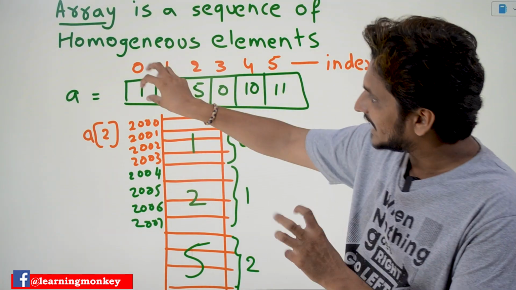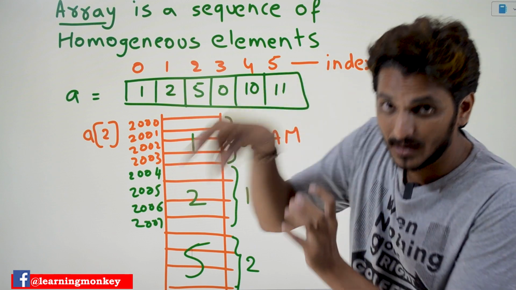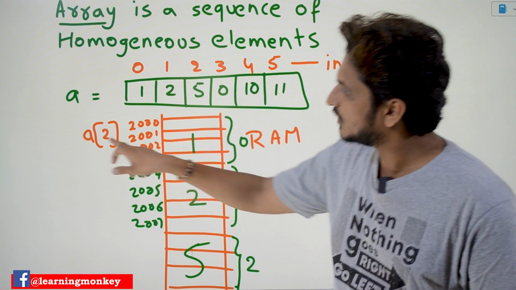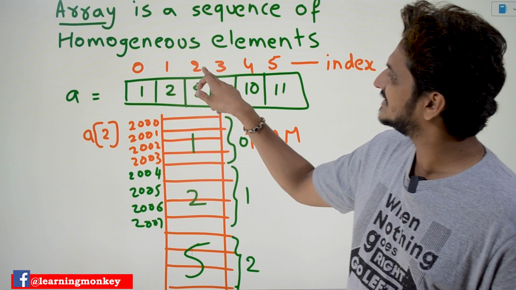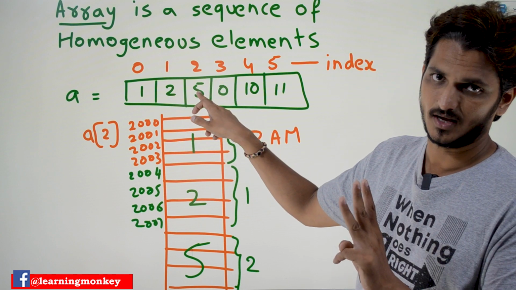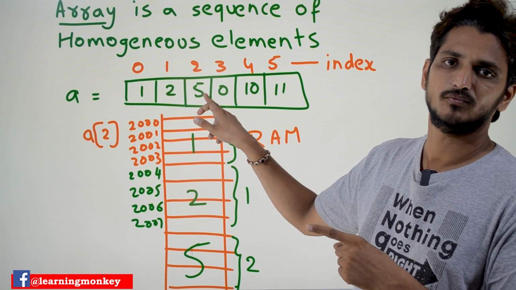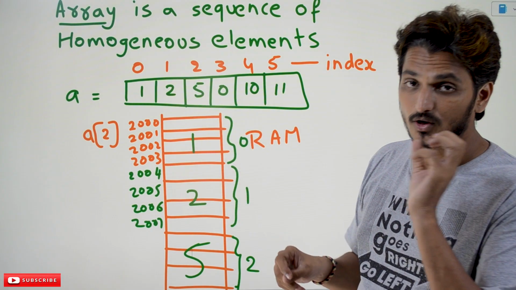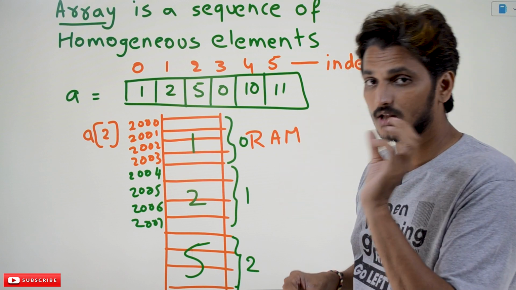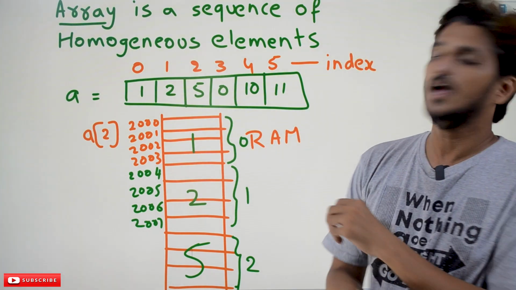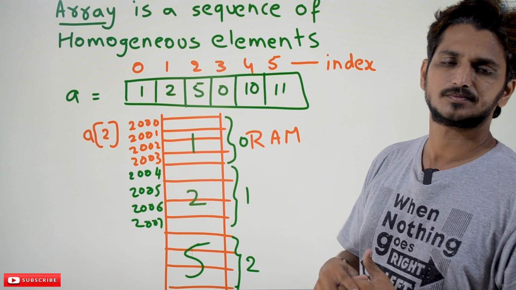If you want to store some element in a position, you need to access it like this. A of 2 means the third element, because the index starts from 0. This is how we are going to access the elements, and store the elements in the array positions.